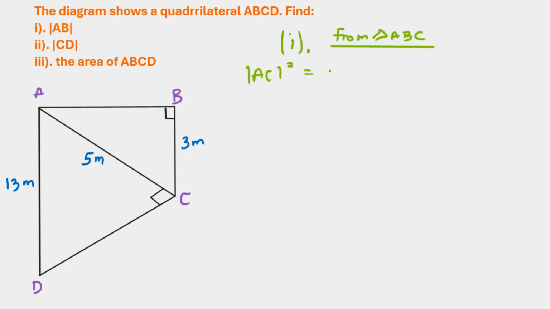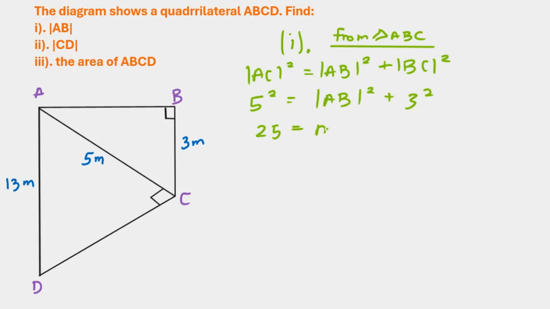So we have AB squared plus BC squared. So let's do substitution direct here. AC is 5, so that's going to be 5 squared equal to AB. That is what we are looking for. So AB squared plus BC. BC is 3 centimeters, so that's going to be 3 squared. 5 squared is 25 equal to AB squared. And 3 squared is 9. That is 3 times 3.